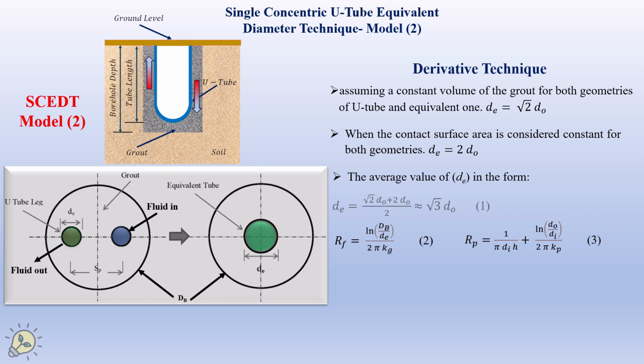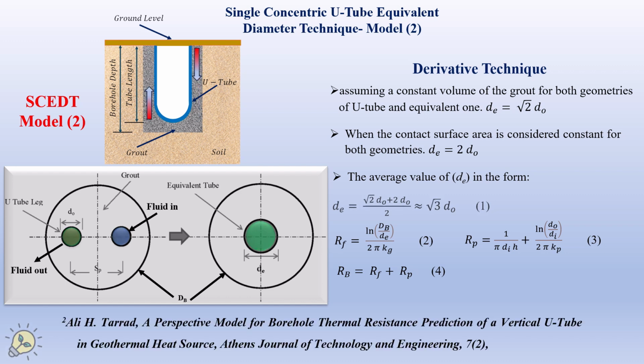So this is the convection part plus the conduction part through the tube wall itself. Then we will arrive to R sub B equals R sub F plus R sub P as represented by equation number 4, and all of that is described in this reference, which can be found in the list below the video in the description box.